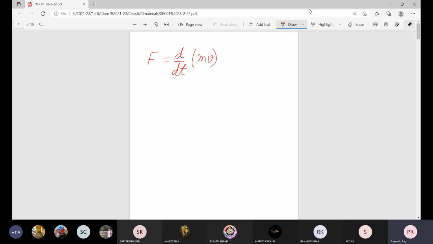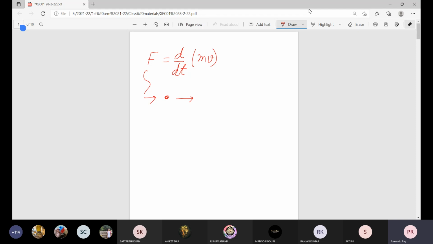Now, what is momentum? That is mass multiplied by velocity, that you know. Now, what about this force? If this is any object, we start with this object as a particle. We apply a force here, and it will be traveling in this direction with this rate of change of momentum.